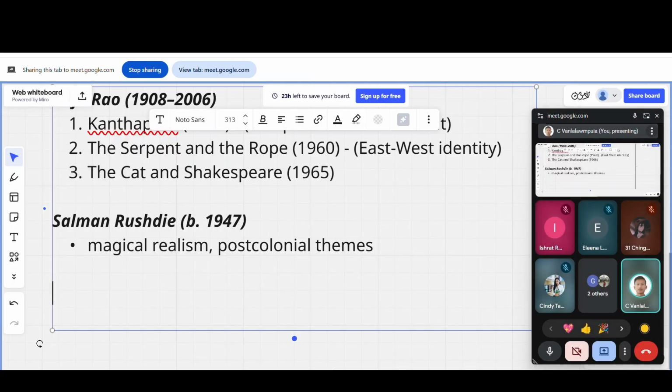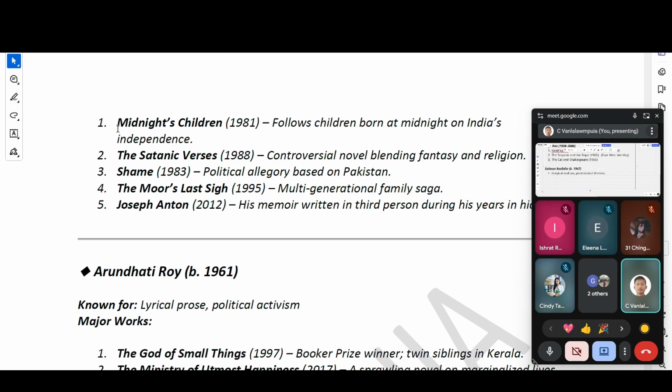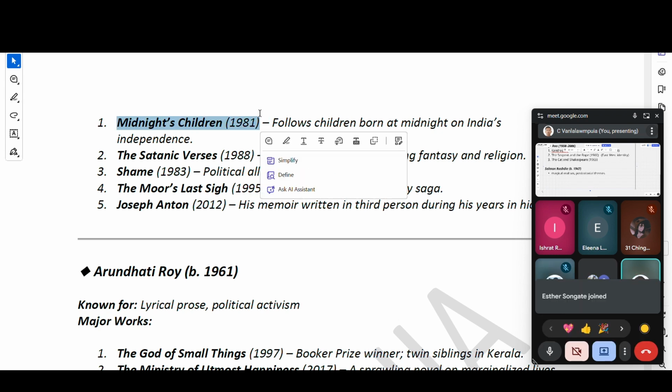Midnight Children obviously is one. Okay, so he was born on the night or the day of independence. Okay, Indian independence, 1947. When do you think Midnight Children was published? It was published in 1981.